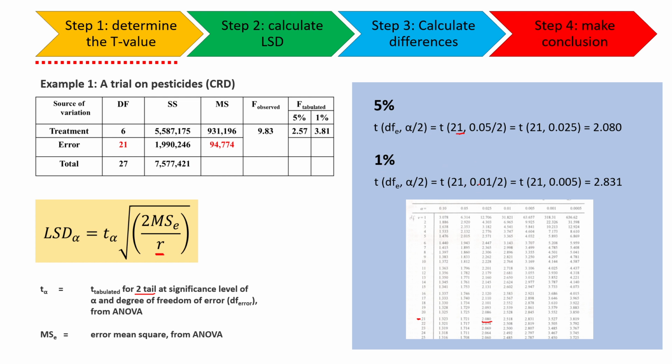Then because it's a 2 tail, so 1% it will be 0.01 divided by 2. So you get 0.005. So for 21 and 0.005, you get 2.831. So these are the T values that you need to remember.